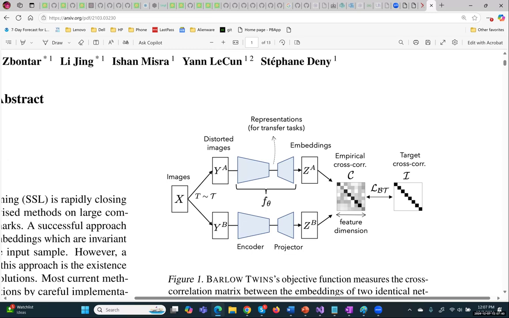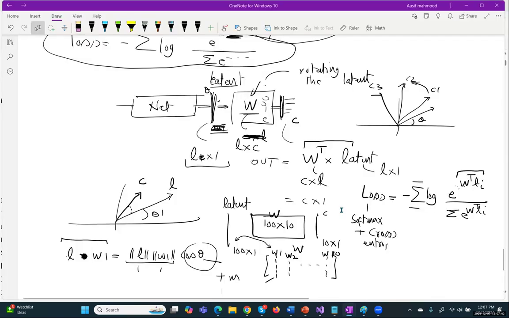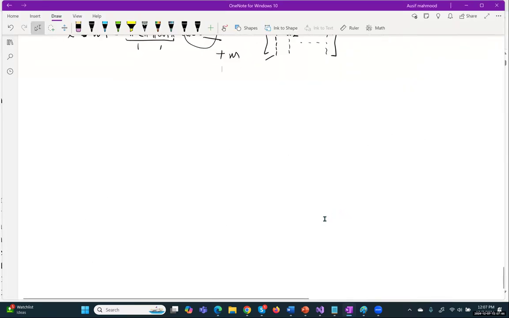To give you a quick idea of an autoencoder, let's say you have a 100 by 100 image, just to give you a simple idea. We can create a CNN-based autoencoder or use a linear layer.